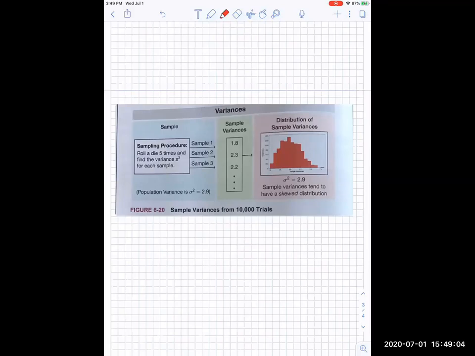So notice here, this is sample 1, and this is the sample variance. Sample 2, sample variance. For each sample, we calculate the sample variance. And then we notice that the sample variance tends to have a kind of normal, but actually with more values, it looks like, I'm sorry, it's a skewed distribution.